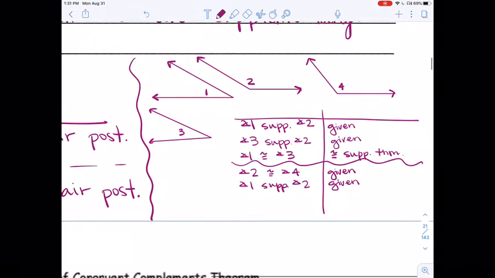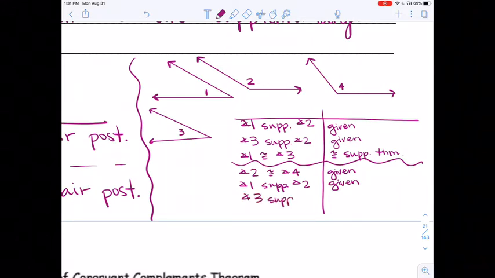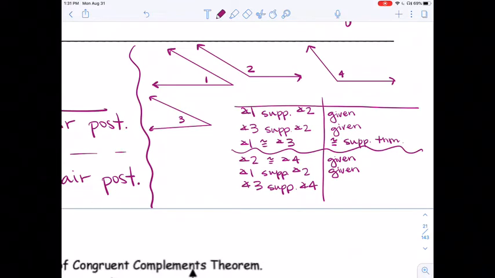Then we could say not only that, let's see, we also have angle 3 supplementary to angle 4. If 2 and 4 are the same thing, and 1 is supplementary to 2, and 3 is supplementary to 4, then we could say that angle 1 is congruent to angle 3 by that congruent supplements theorem.